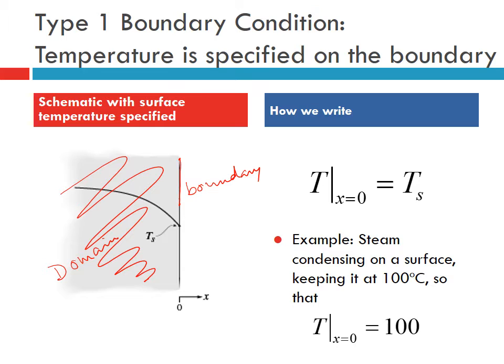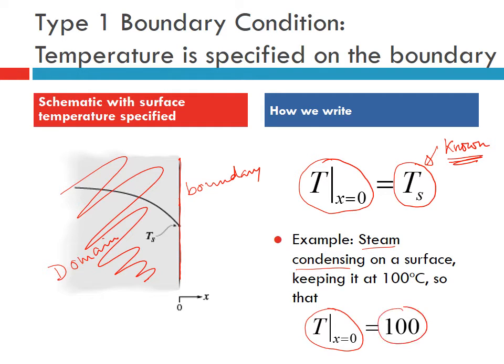At the boundary we write T at x equal to 0 is some Ts. So this Ts is known. It's a known value. We write it symbolically, but it is 10, 50, 100. For example, for steam condensing, it will be T at x equal to 0 is 100.